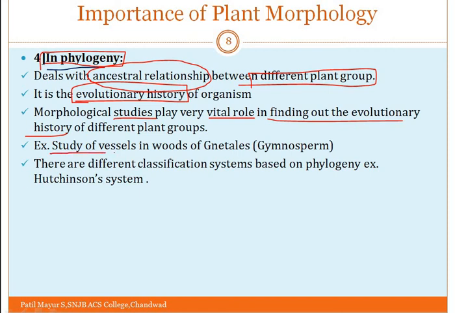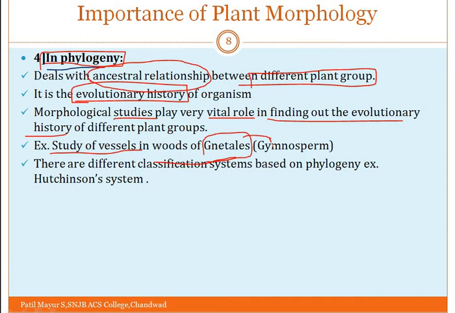For example, the study of vessels in the wood of Gnetales. The order Gnetales belongs to gymnosperms, and if we see the evolution of plants, it has evolved from algae to bryophyte to pteridophyte to gymnosperm, and lastly to angiosperm, which is considered the advanced group.